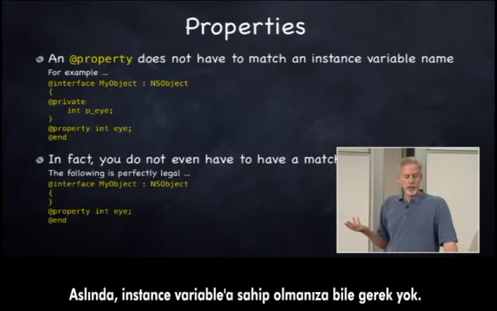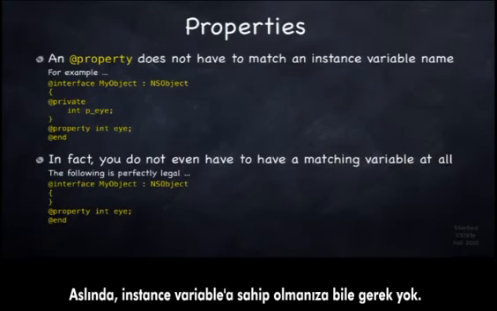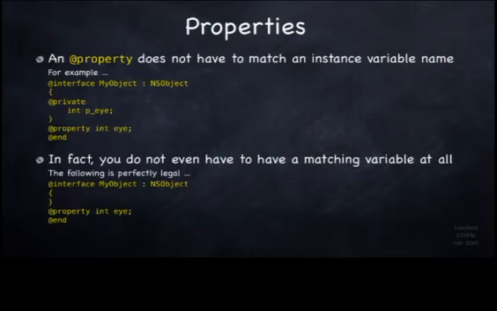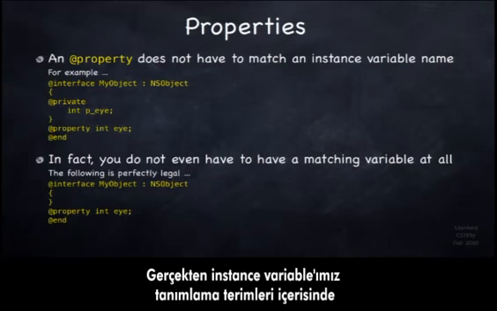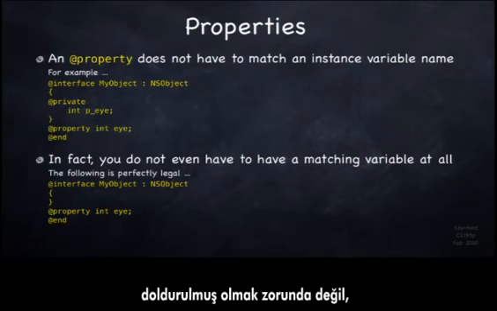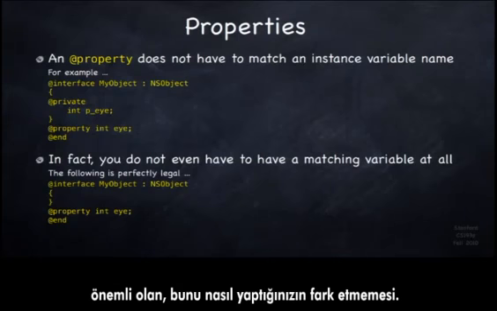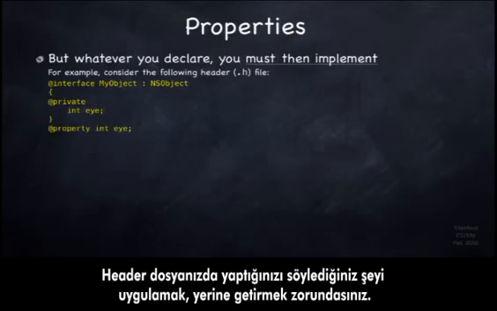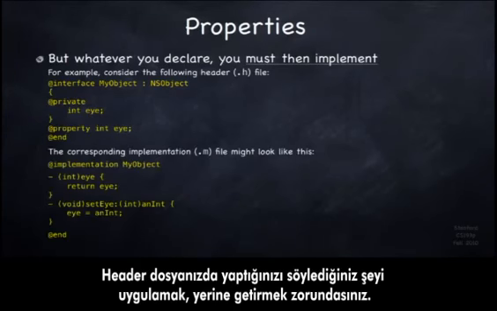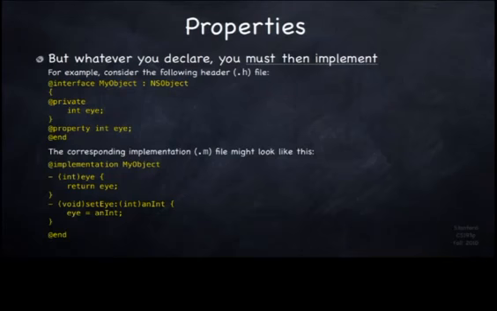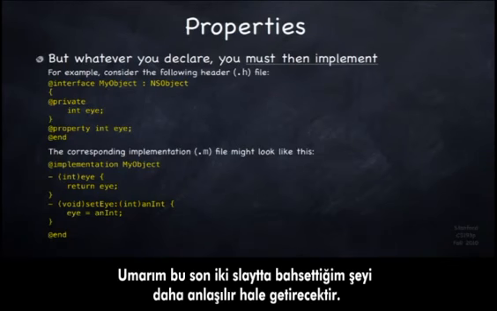In fact, you don't even need to have an instance variable. You can just do @property int I. So it's not really linked to the instance variable in terms of its declaration. But what's important, no matter how you do it, you have to implement what you say you're doing in your header file.